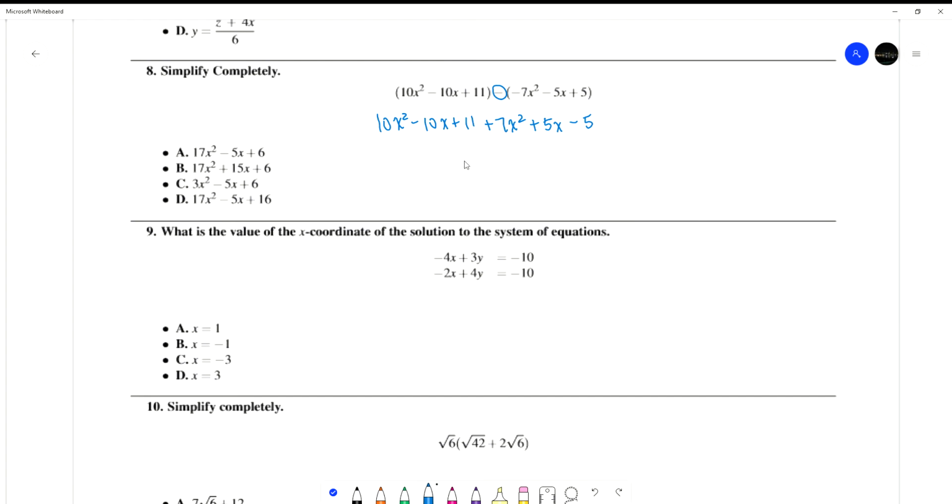So now we combine like terms. We have 10x squared plus 7x squared is 17x squared. Negative 10x plus 5x is minus 5x. 11 minus 5 is plus 6. So we have 17x squared minus 5x plus 6, which is your answer choice A.